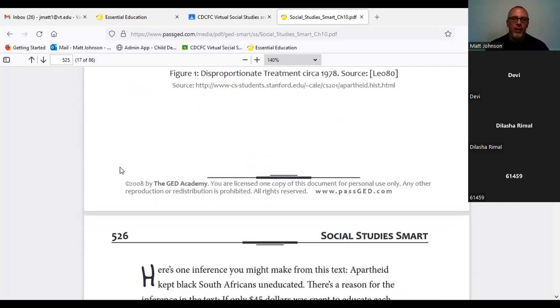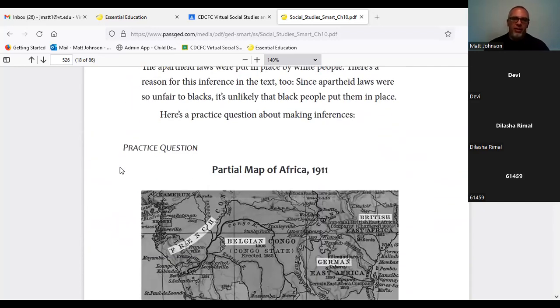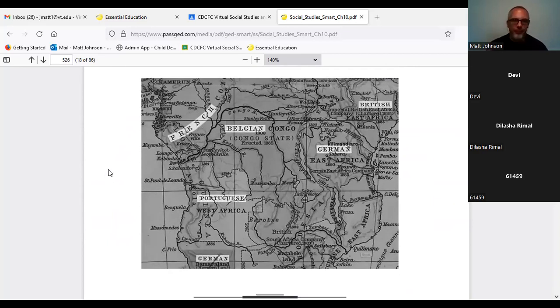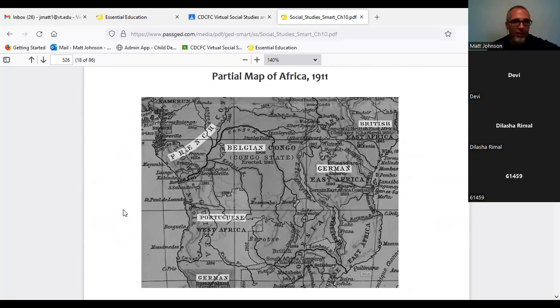Like here's a table, but okay, here's a map, and the title was Partial Map of Africa in 1911.